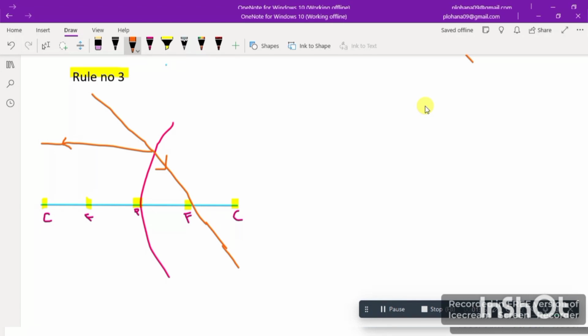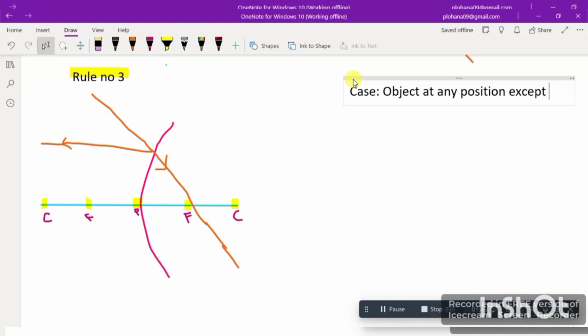So now we are going to see the object at any position except infinity, right? So here I am writing case is object at any position except infinity.